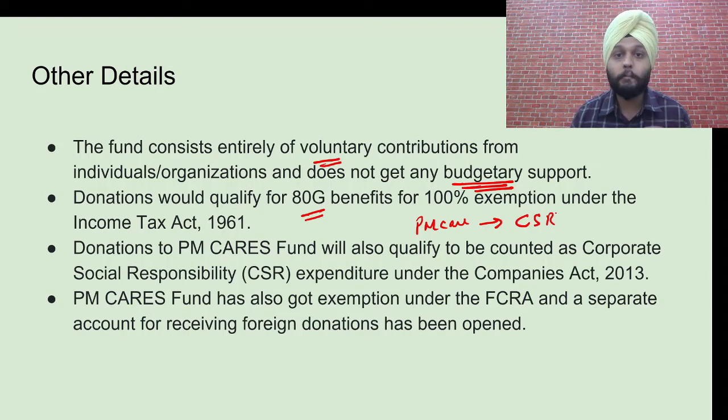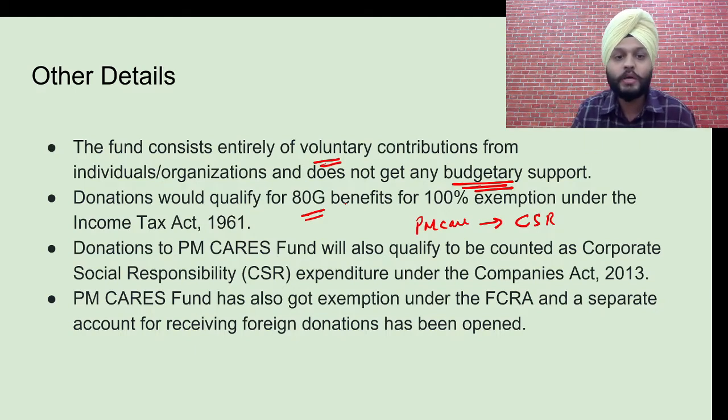And also the PM Cares Fund has exemptions from the FCRA Act, Foreign Contributions Regulation Act. So basically this law is created for NGOs and civil society who receive donations from foreign countries, individuals, etc. There is a concern that the money given to civil society may be misused against the national interest.